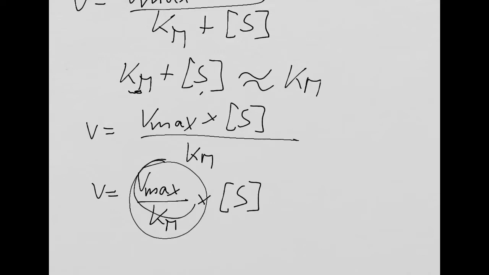What is Km? It is the Michaelis constant, the Michaelis Menten constant, Km. What does it tell you? It's just there. God-given. Hallelujah, we've got a Km.